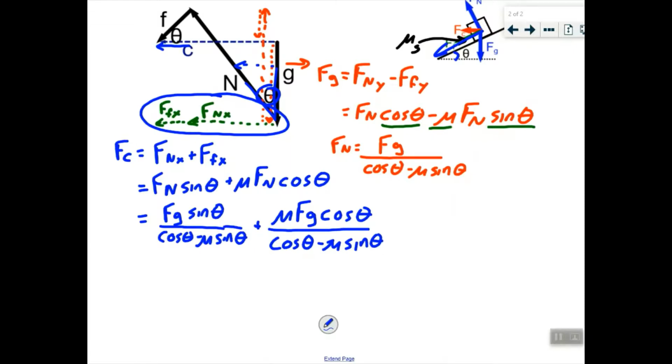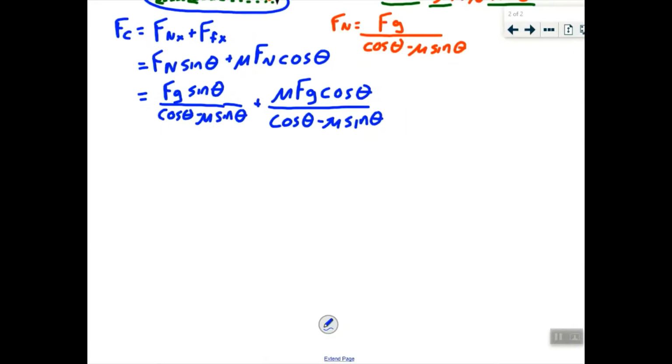So I'm going to extend the page here and continue from there. Now, what I have here, I've got theta, mu, and Fg. So, not given Fg, the force of gravity acting on the car. I told you before, we're going to solve this down to v squared, or Vr, theta and mu, right? So let's do that.